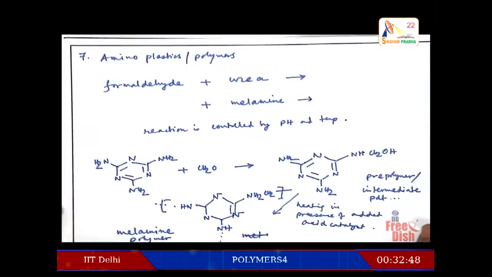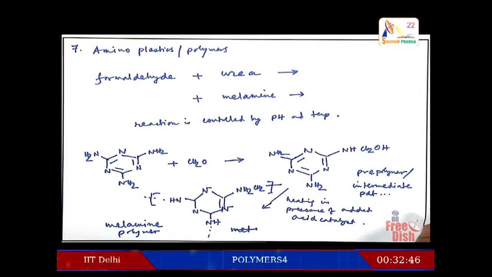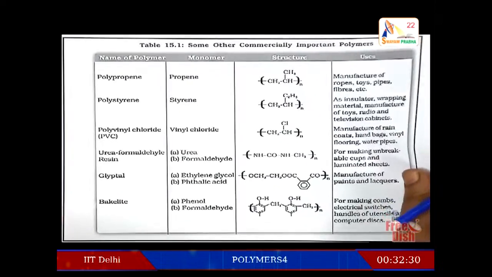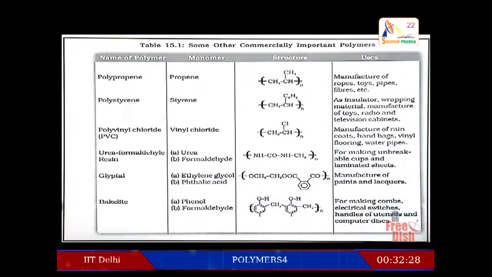Okay, so we have given 7 types of examples and the synthesis process and some applications of them. So, next we will move. Before I move, I just wanted to show that there are other examples in your book. This is copied from your NCERT book.